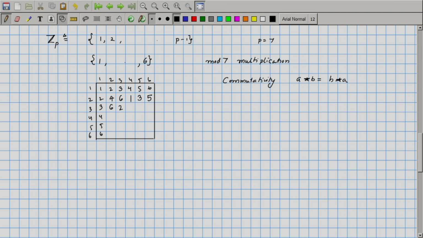You can just fill up the elements of this group, 3 into 4 is 12, which is 5. So, this will be the multiplication table for this particular group.